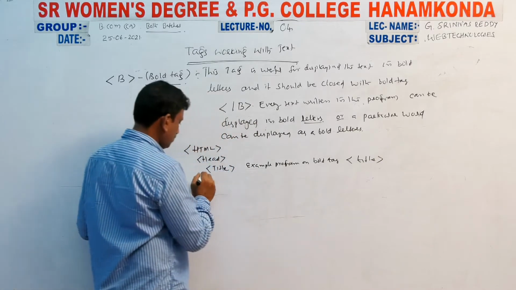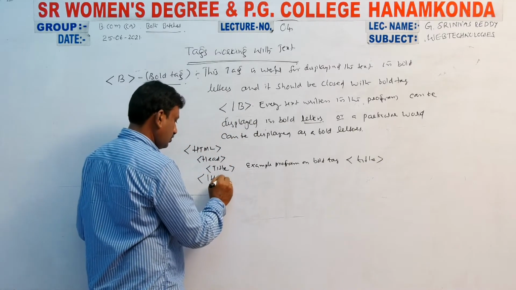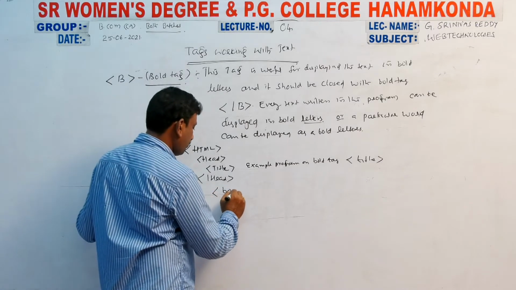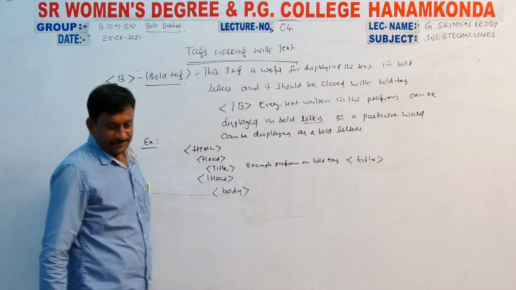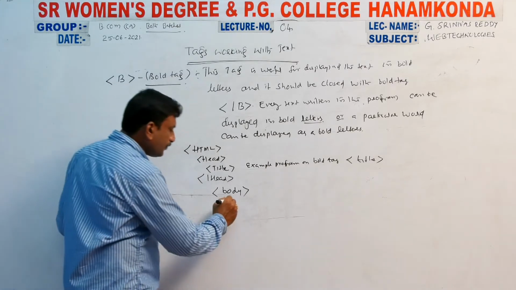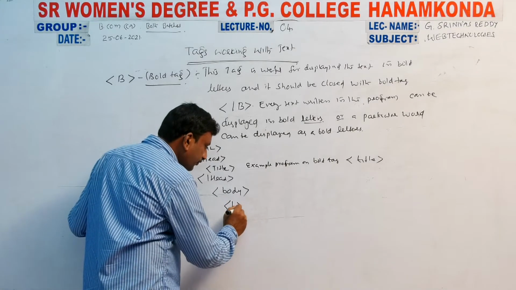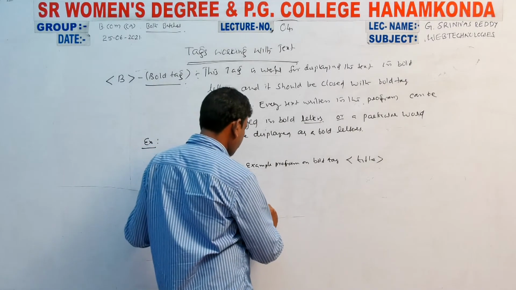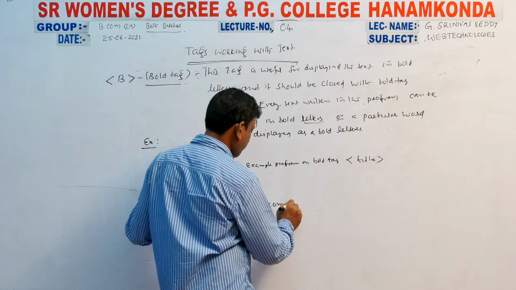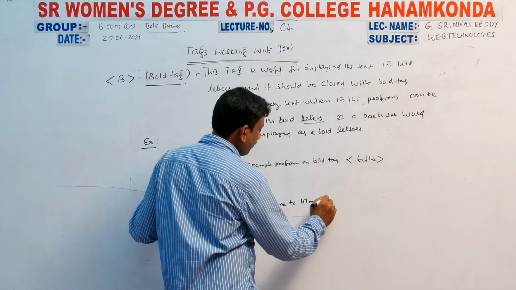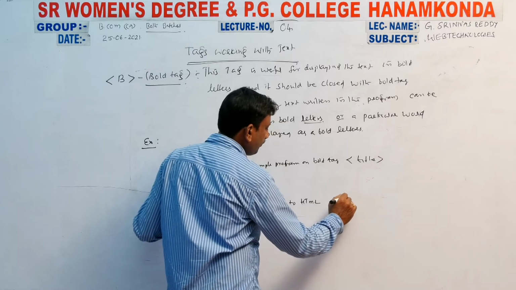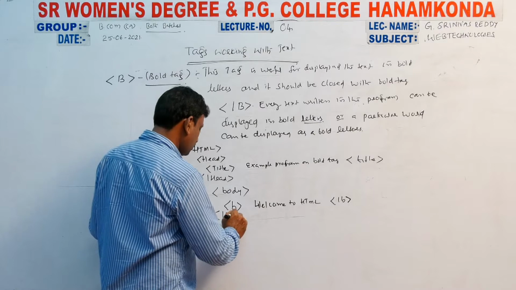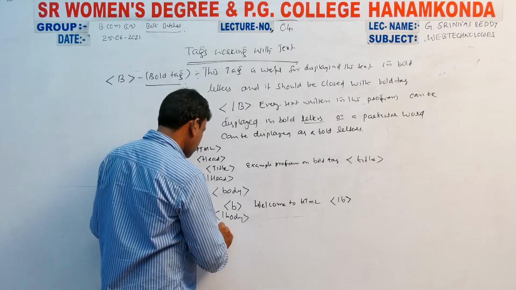Title close, head close. Next, body. Next, I have one more tag, the B tag. B, Welcome to HTML, B close. Next, body close. Next, HTML close.